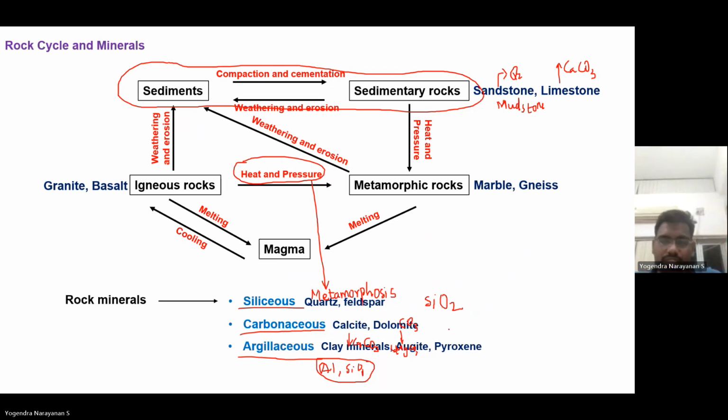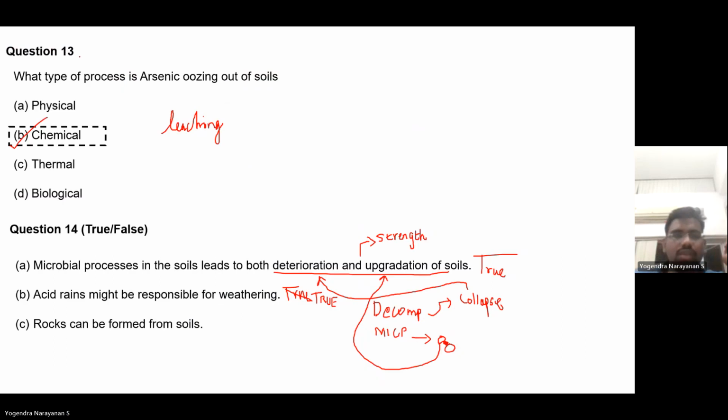So, with this preface and with this extended discussion, the answer for the question 14C is 2.